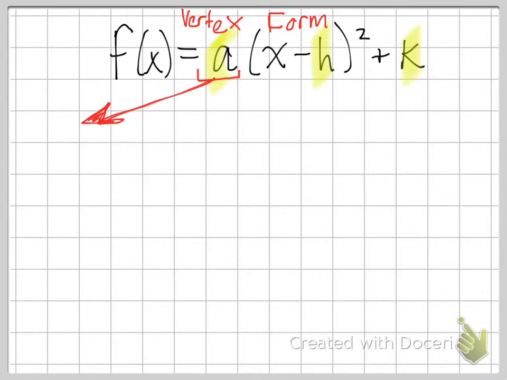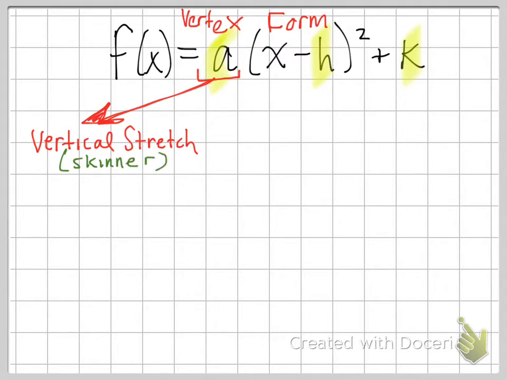A actually does a couple of different things. The first thing, and you saw this in the exploration we did in class, is a could make the graph skinnier, and we call that a vertical stretch. To give us a way to remember it, that means that it's skinnier or narrower.